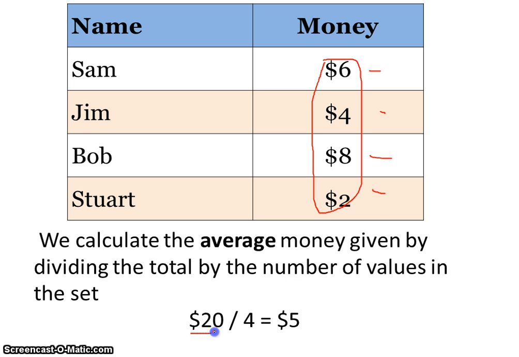We're going to divide that total amount, $20, by the number of observations in the set, 4, and that gives us an average of $5. So we can say on average each person gave $5 toward the pizza fund.